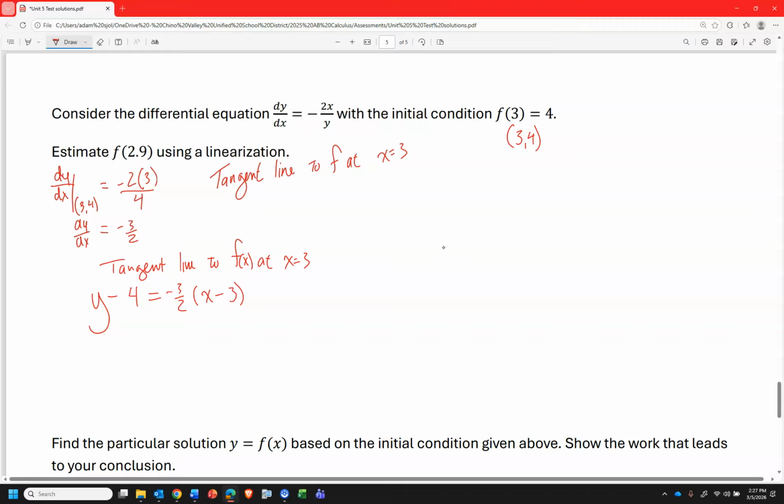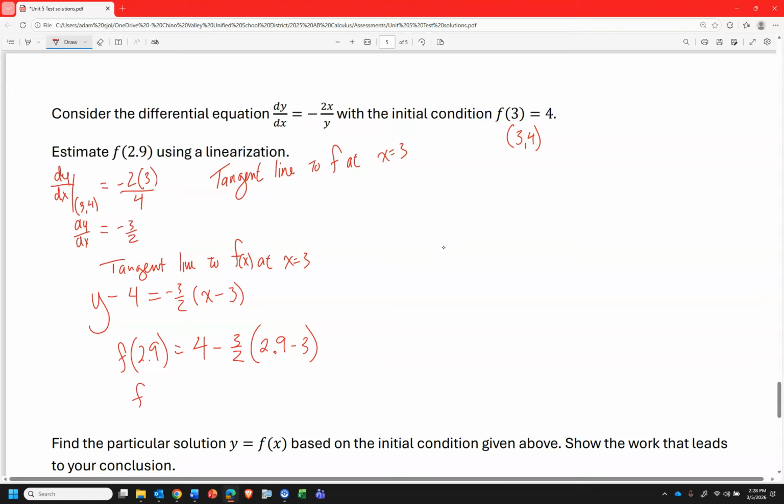So I want to estimate f of 2.9 using a linearization. I'm going to put 2.9 where this x is, and I also want to add 4 to both sides. So you do that in 2 steps. Let's see, f of 2.9 is approximately, well, I'd add 4, so that's going to be 4 minus 3 halves of 2.9 minus 3. By the way, that's good enough. There are quite a few people that subtracted 2.9 minus 3 and got 0.1.